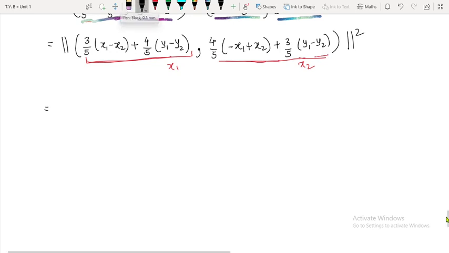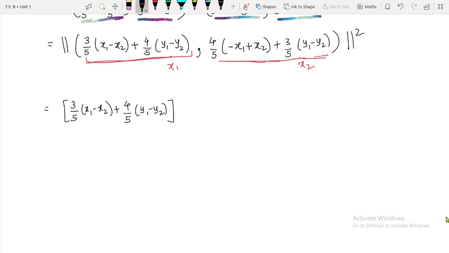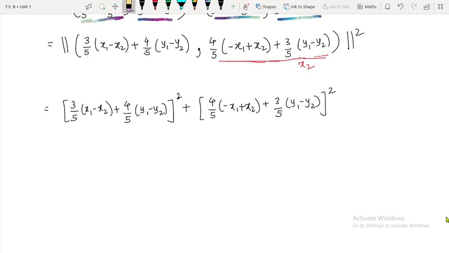So x1 square will be a square bracket 3 upon 5 (x1 minus x2) plus 4 upon 5 (y1 minus y2) whole square. This is x1 square plus x2 square. So our x2 is 4 upon 5 (minus x1 plus x2) plus 3 upon 5 (y1 minus y2) whole square. Okay, so this was only for understanding, so I will just erase it out.